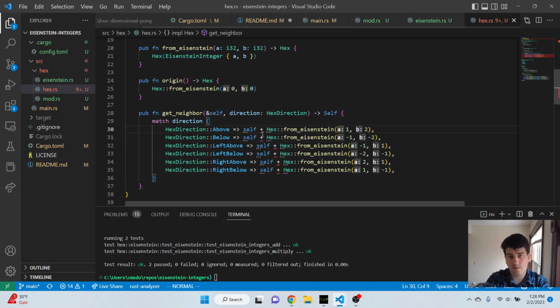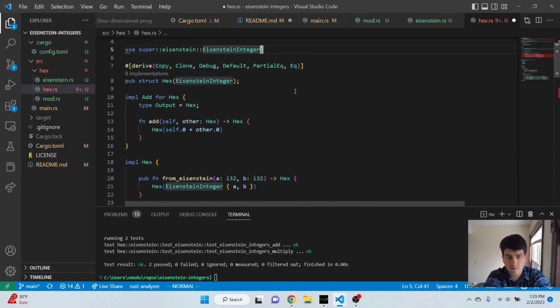And why don't we like adding these? Can't add. If I just put this in here, does it? No, it doesn't. Okay.